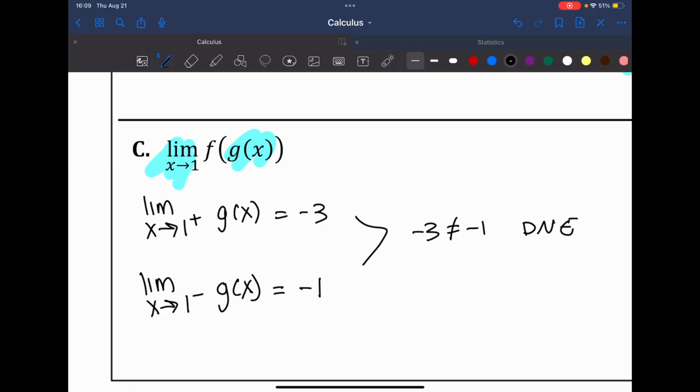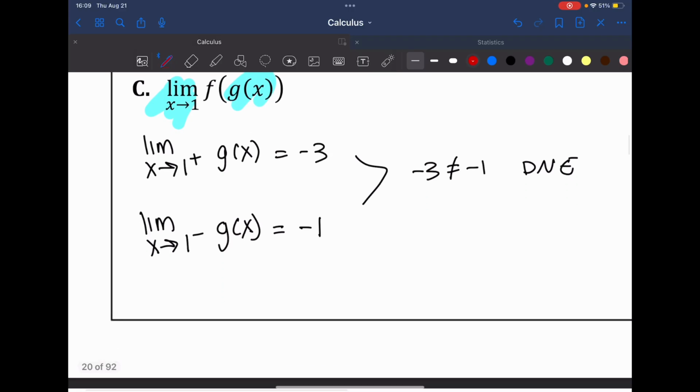So what we would need to do then is ask, can we really find the value from each of -3 and -1? We would have to see if we could find the limit for each of these, since we got 2 different values.